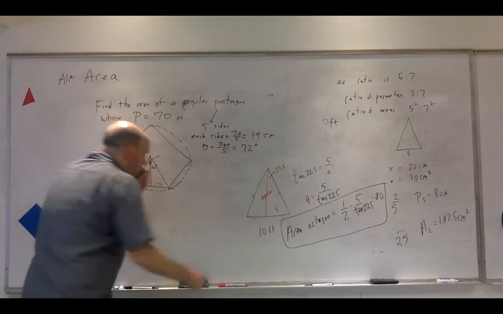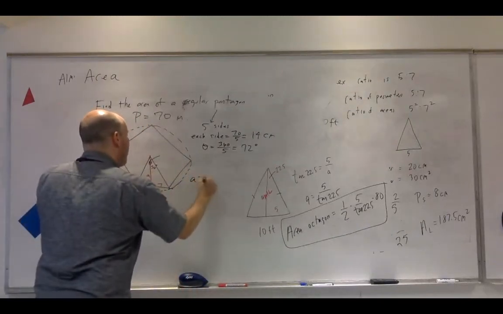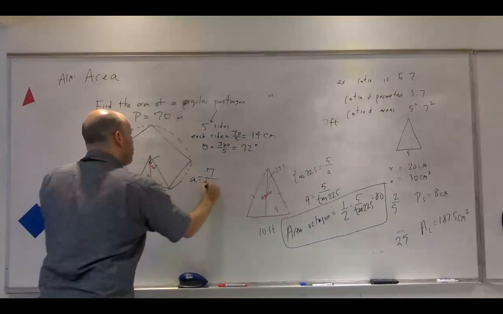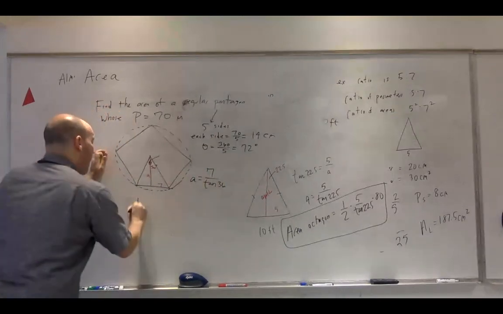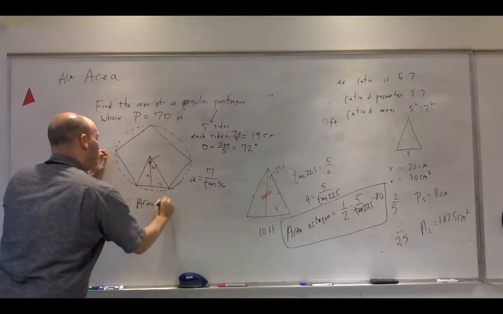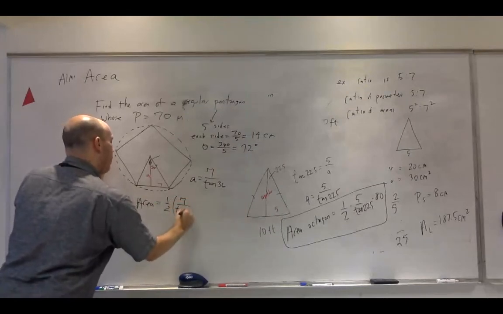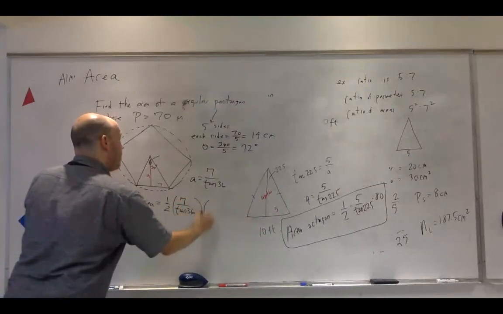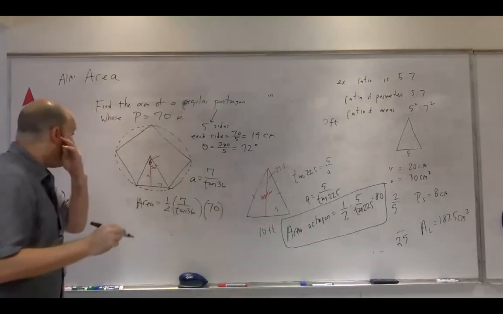Either you redo SOHCAHTOA every time, or you can remember that A is equal to 7 over the tangent of 36, and therefore the area is equal to 1/2 the apothem times 70.